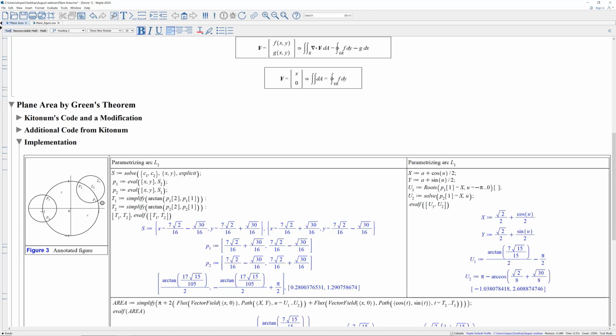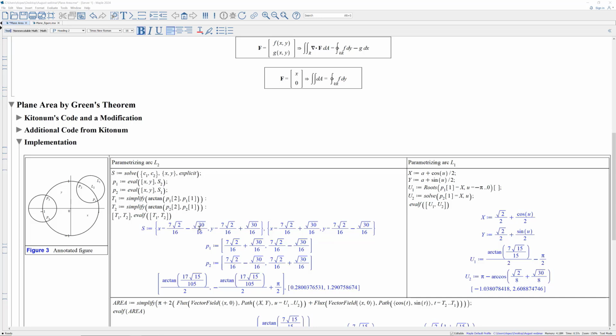To do that, I'm going to need these intersection points called P1 and P2. I need to solve for the intersections of circle C1 and circle C2. That will give me these points here and here.